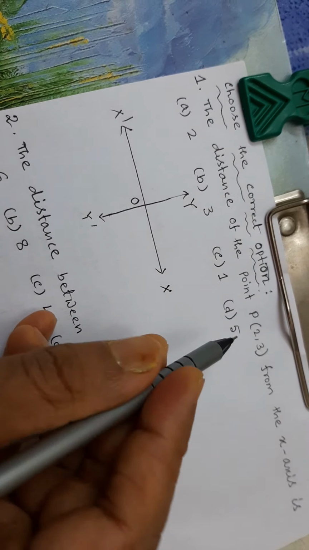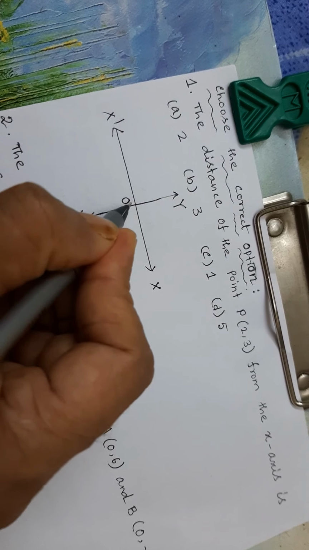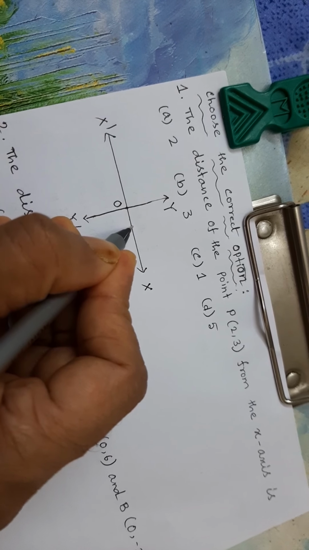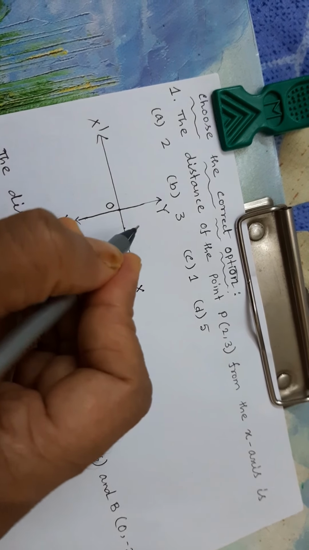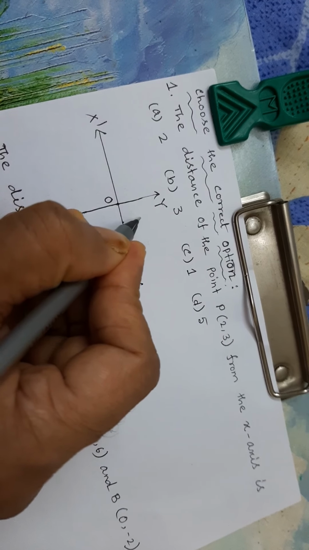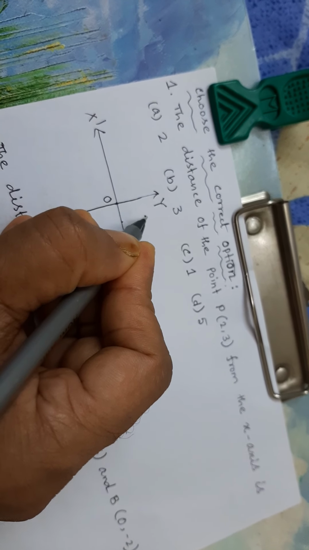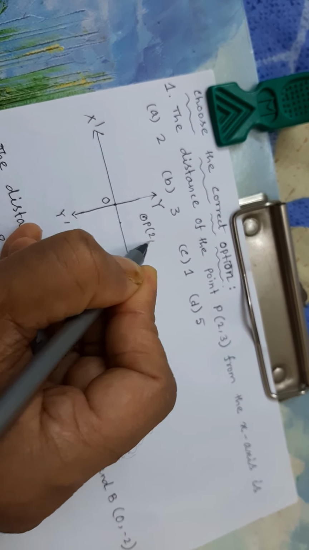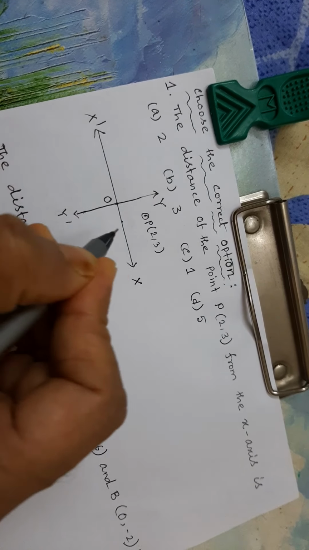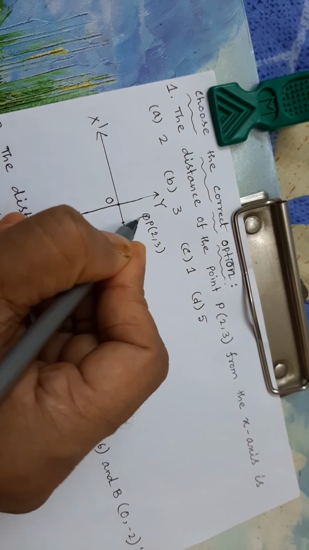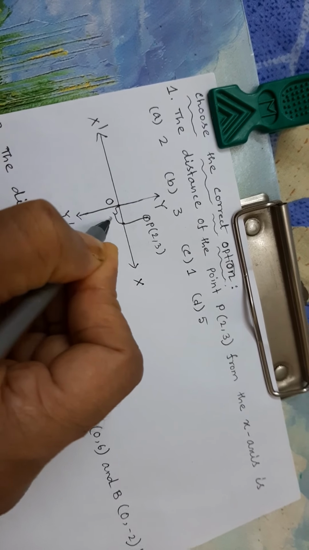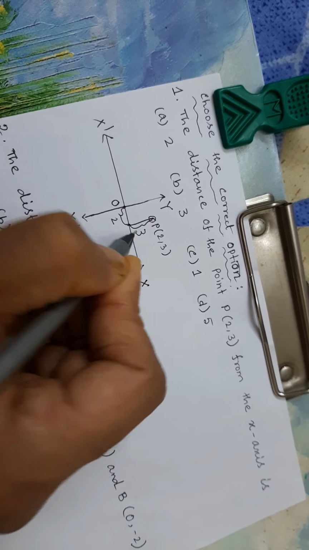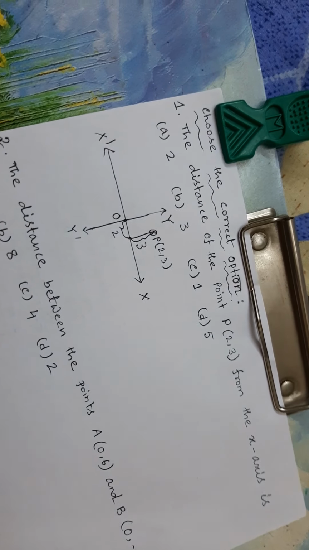Now the point is (2, 3). From the origin, suppose this is 2 units, and then 3 units. This point is P, with coordinates (2, 3). This one is 2 units and this is 3 units, and this point is P.